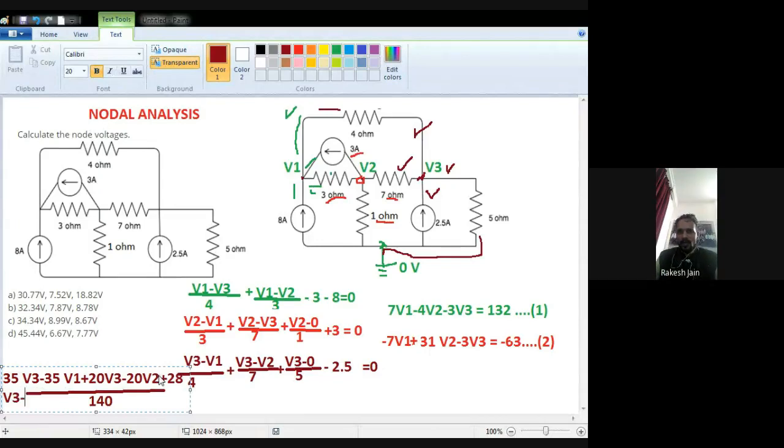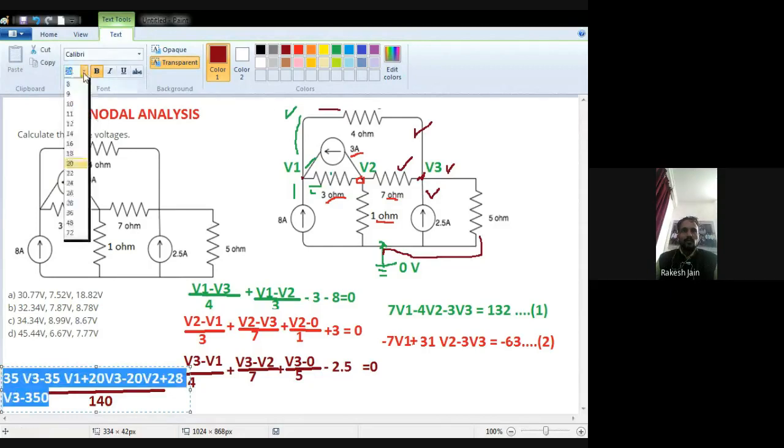Then minus 2.5 multiplied by 140. First I will write down the equation. 2.5 multiplied by 140, that will be equal to 350.